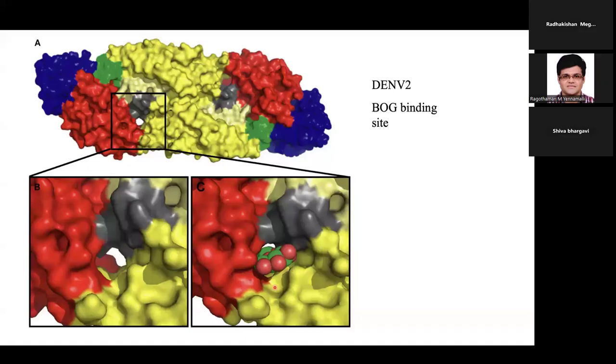So there was parallel work happening in the same lab, where they designed drugs to target this particular site. And since this is a structural protein, there are only so many theories of enzymology that can work with dengue virus.